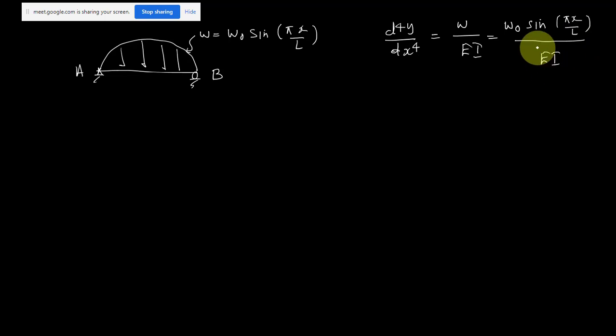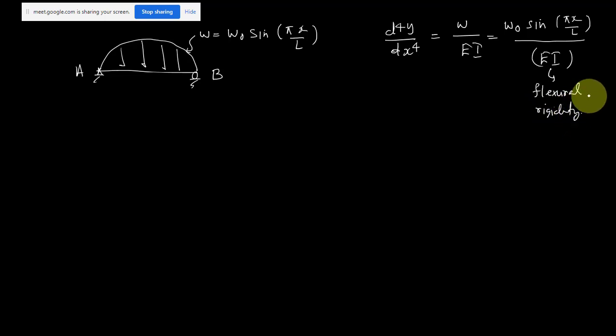EI is a constant, the product of Young's modulus and moment of inertia of your beam. That product together is called the flexural rigidity.